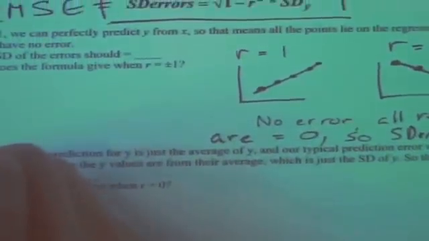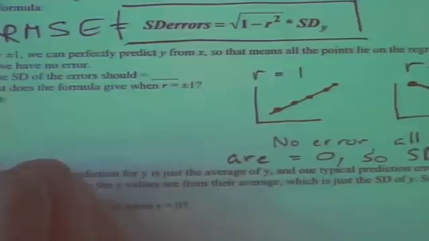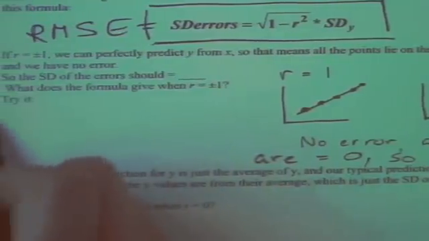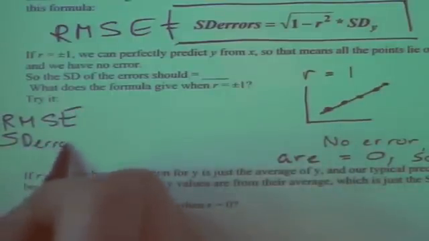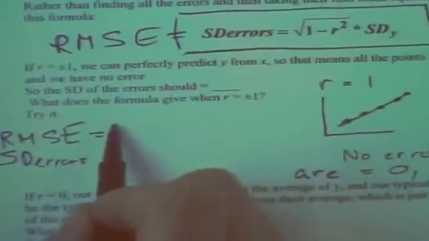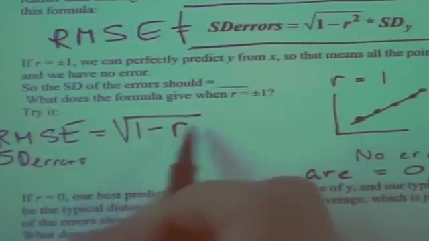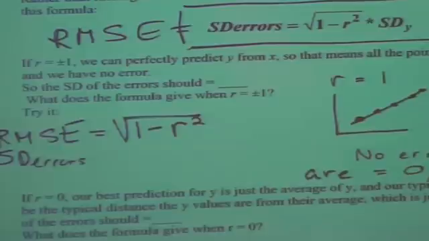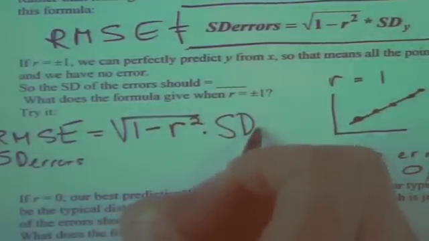And let's just check that our formula gives us that. What is our formula? And it's good for you to write it down so you remember it. What's the formula? Write it down. It's the root mean square error, you can write it down, or the standard deviation of the errors, I don't care which way you write it, is equal to the square root of 1 minus the correlation coefficient squared times the standard deviation of y.